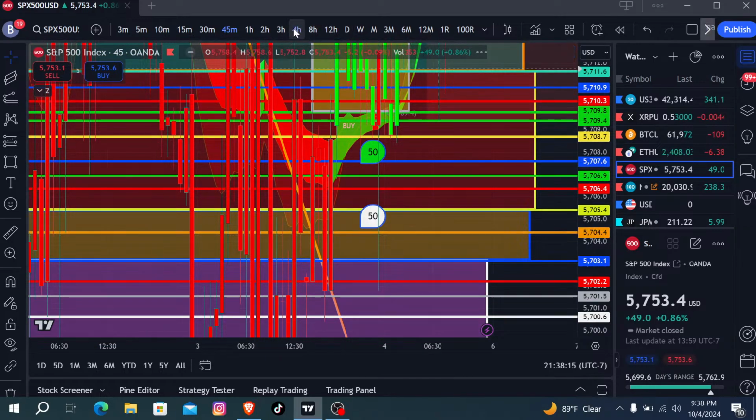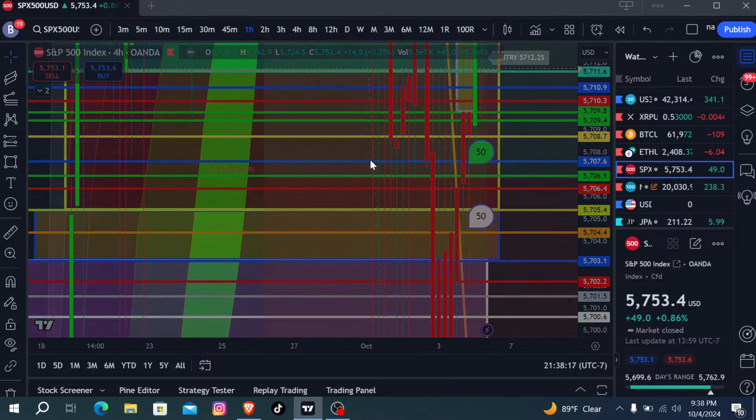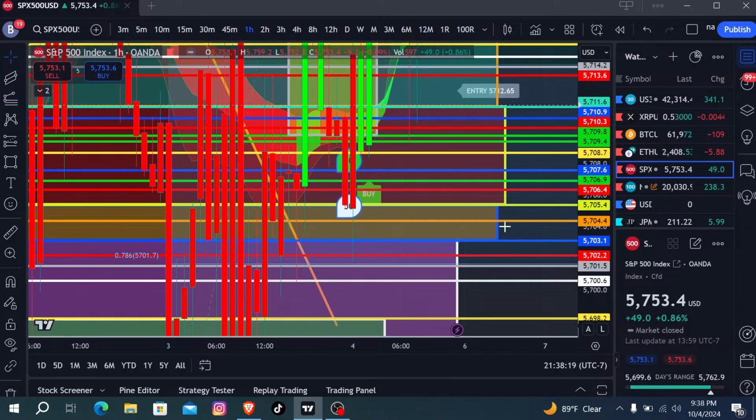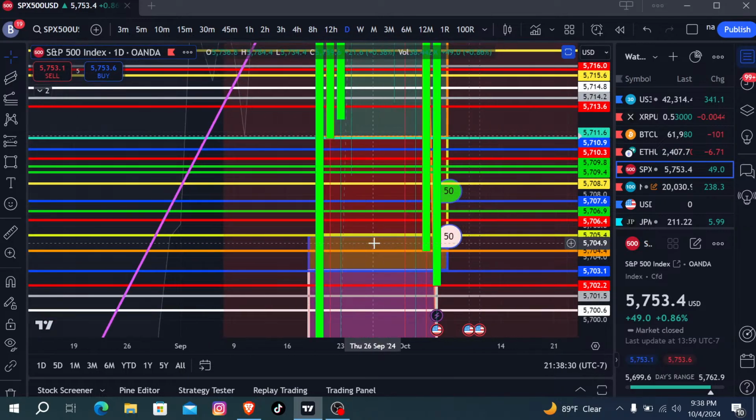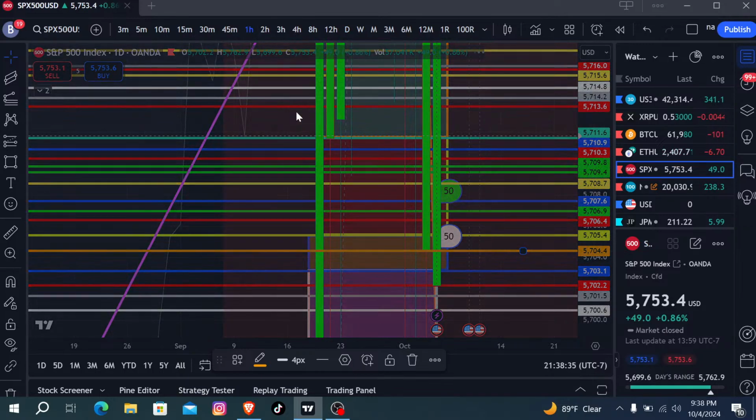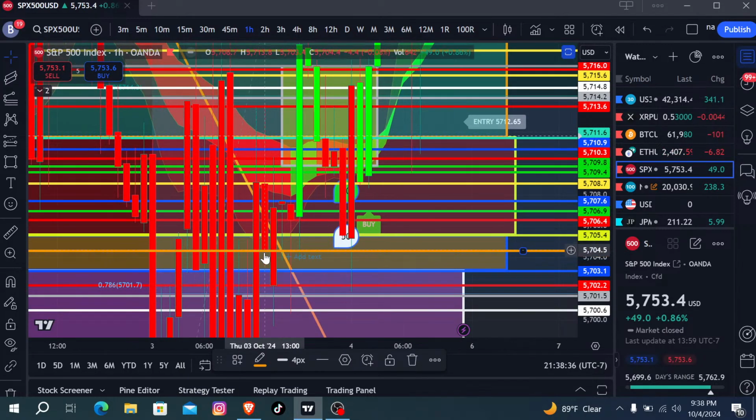Let me see. Oh, that's because of the 45-minute candle. There you go. But seeing how we're seeing this Thursday morning, and then still end up closing here for the day, yeah, see, we close here. So I'm like, okay, we're on the trend line.